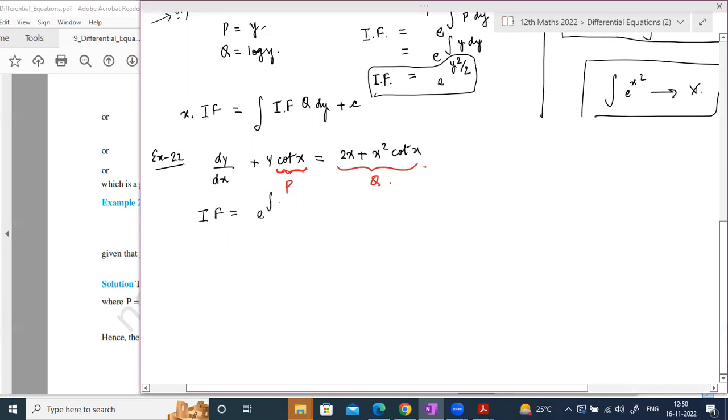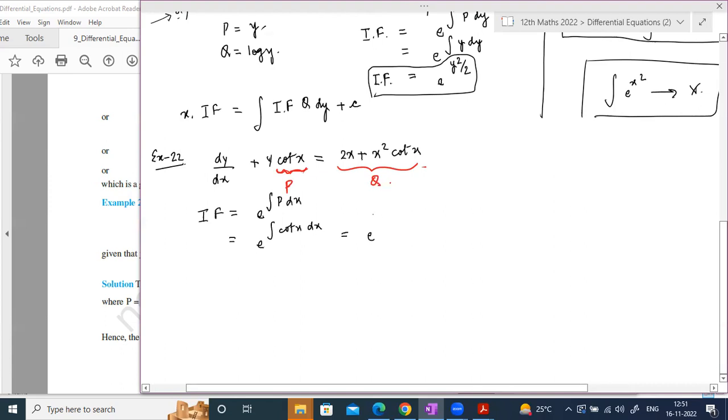E to the power integral of p dx, cot x dx. What will be the integral of cot x? Let's see if you remember the formulas.